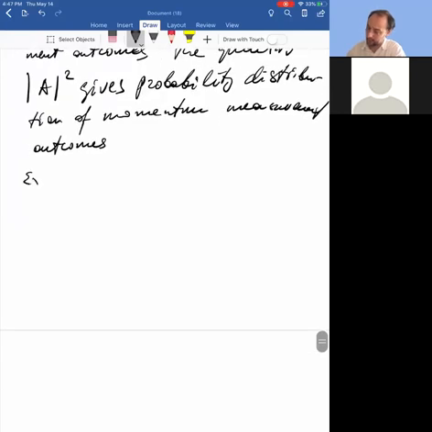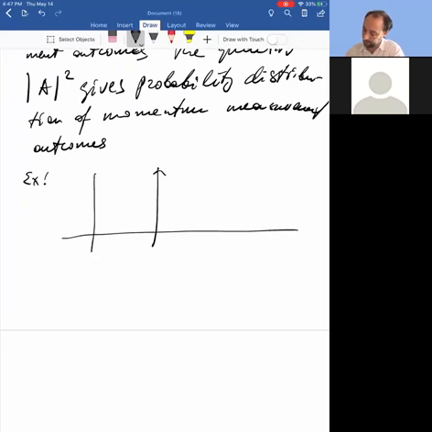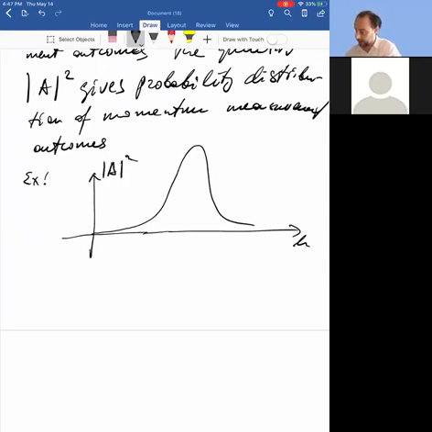So for example, if your A of k looks like this, some kind of a thing. So this is, let's say, A squared. It's a function of k, right?